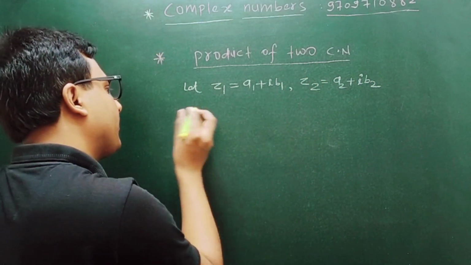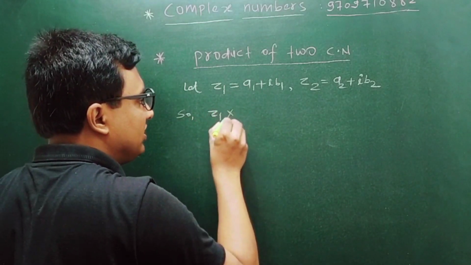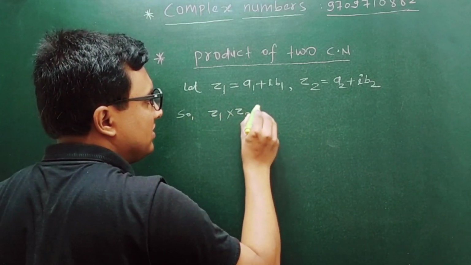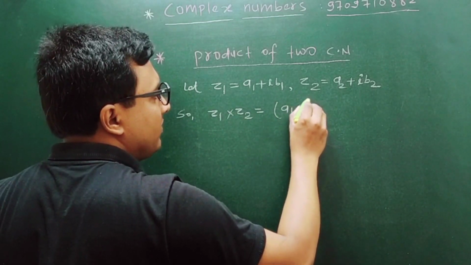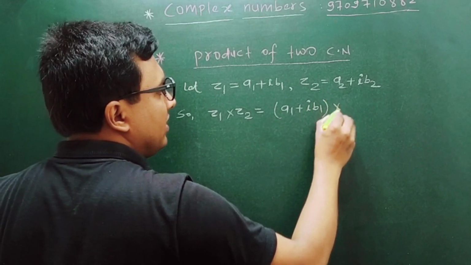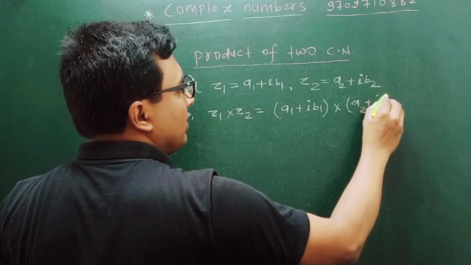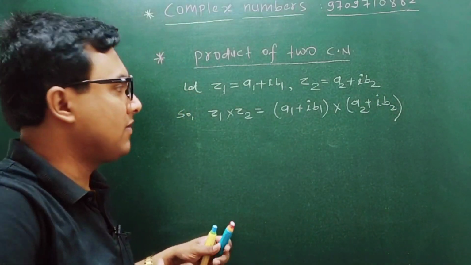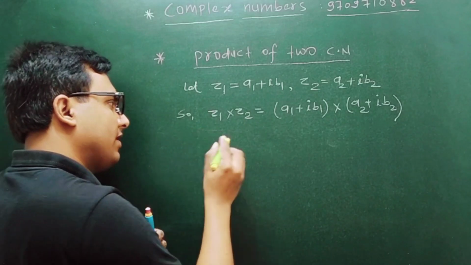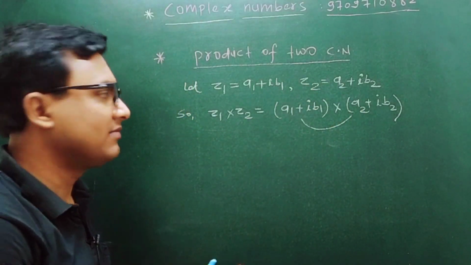So z1 into z2 is a1 plus iota b1 into a2 plus iota b2. Clear?